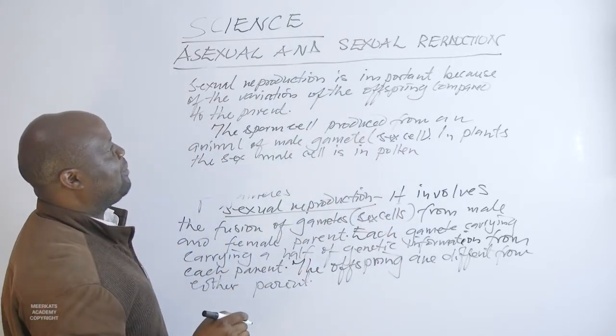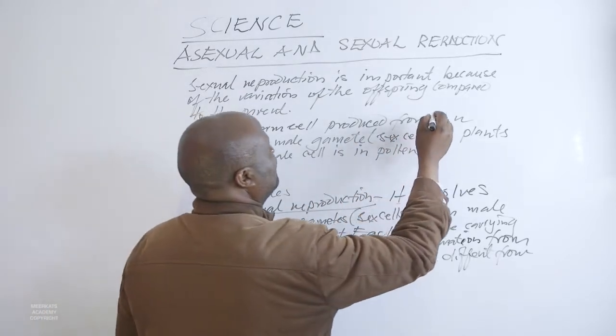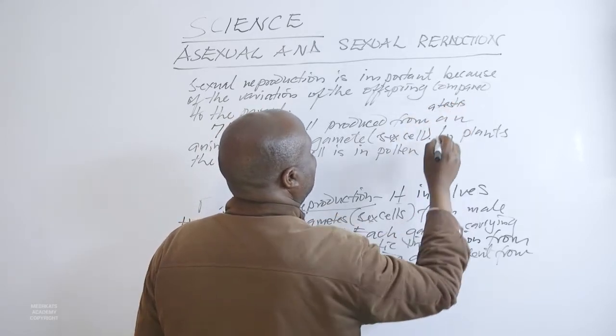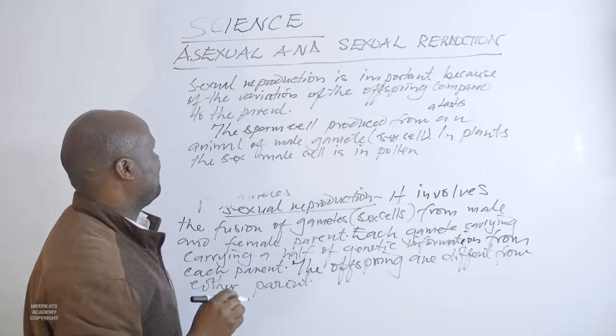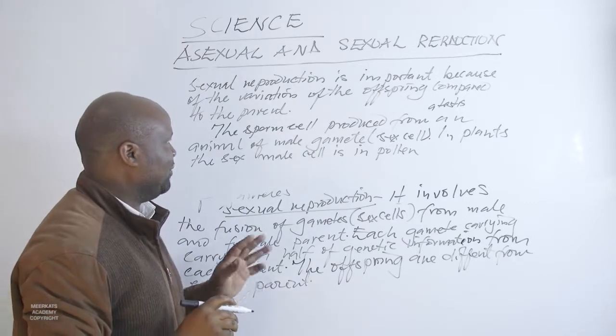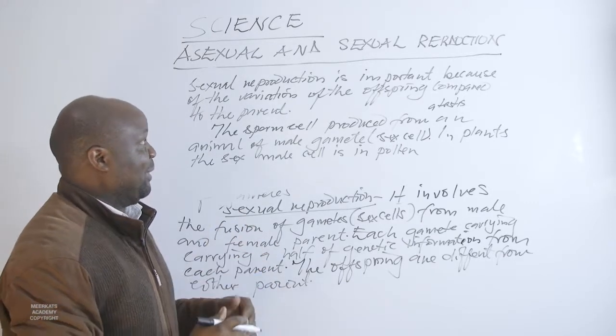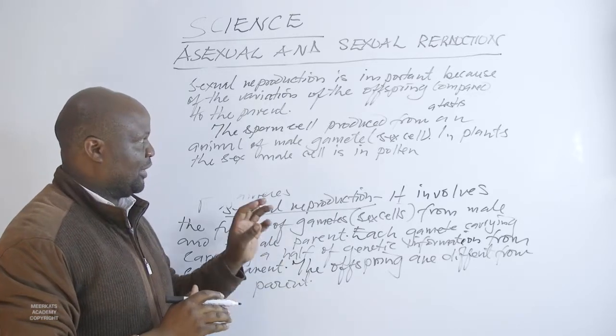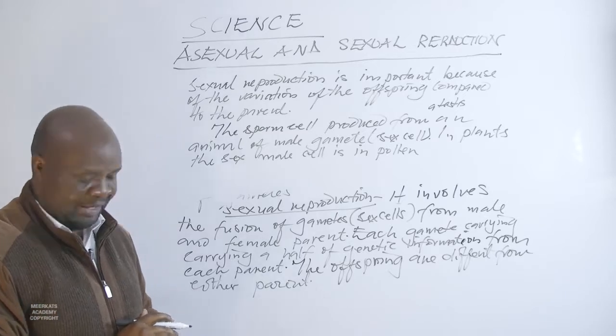So a sperm cell is produced from the testes of an animal. But in plants, the male sex cell is in pollen, the pollen grains.